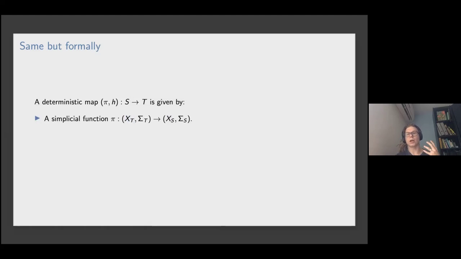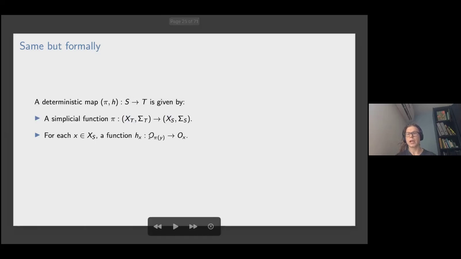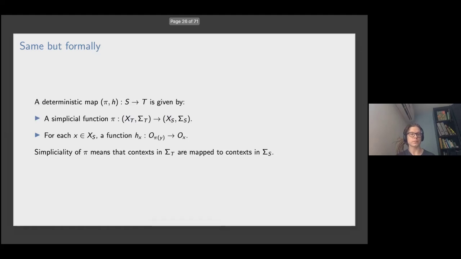So whenever you were asking a compatible set of questions in T, you end up interpreting it as a compatible set of questions in S. And then you should have a function that tells you, whenever you get an outcome for some measurement in S, how do you interpret it as an outcome of a measurement in T? So a way of post-processing these outcomes.